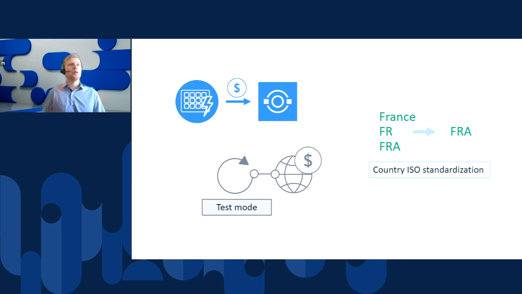So you don't have to worry about what format country names may be in your data. So if you look at the example on the screen here, you can see that this would take, no matter how the country name was written, whether it was fully spelled out, whether it was already standardized to a particular 2 or 3 character abbreviation, it would take care of that piece for you. So it's not something that you would have to worry about.